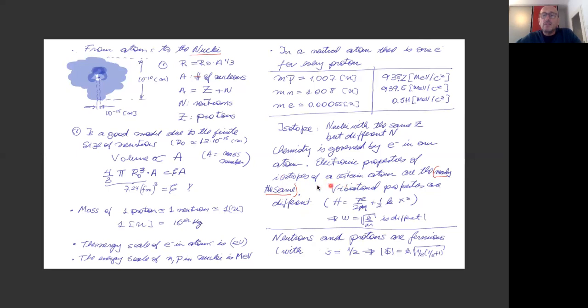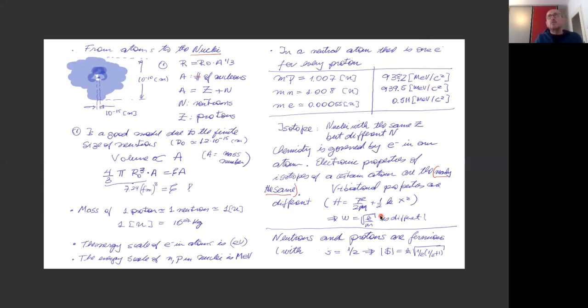When you change the mass of the nucleus, you almost don't change the electronic structure, you just change the mass of the whole thing, okay? And so what you would change if you do that is the vibrational properties, if you add or remove a neutron from a system. So this is an isotope.